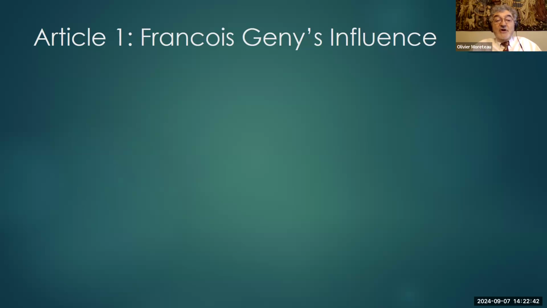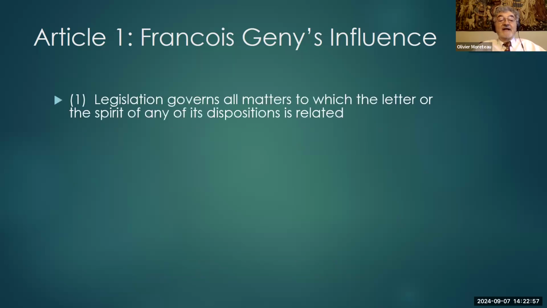I'm going to show you the translation into English of Article 1 of this code, and you will see some influence of a scholar that we have discussed earlier in our legal traditions class, the French François Gény.